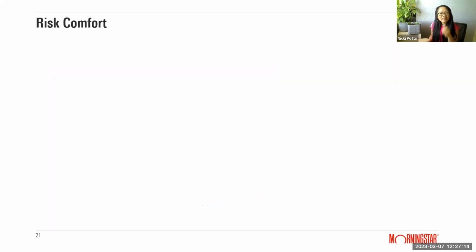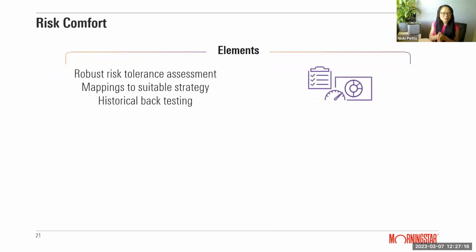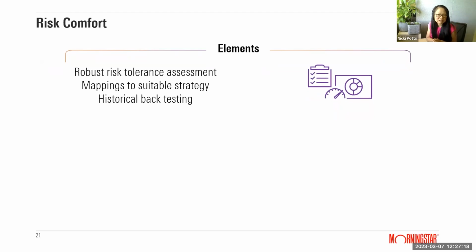So the key elements here are having a robust risk tolerance assessment, so a valid and reliable tool so you can rely on the results, and mappings to suitable strategy. That is, how do you translate the results of the risk tolerance assessment to portfolio strategy? And finally, historical backtesting to help manage risk and return expectations.